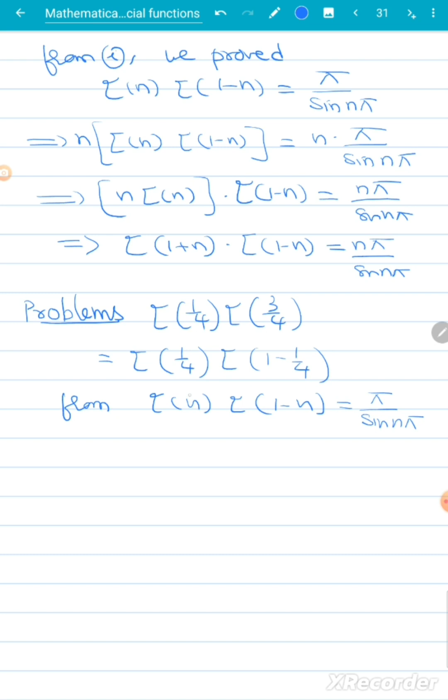So this value is equal to pi by sin of (1/4) pi, which is pi by sin pi/4, sin 45. Sin 45 is 1 by root 2, so pi by 1 by root 2 is equal to root 2 pi.